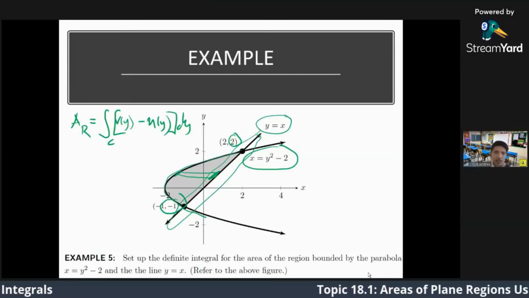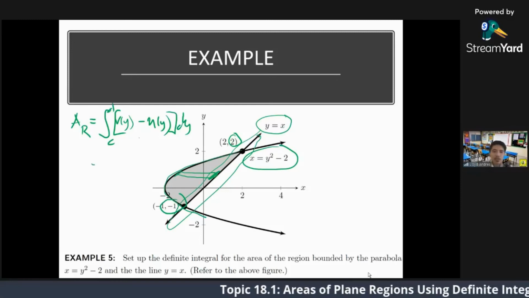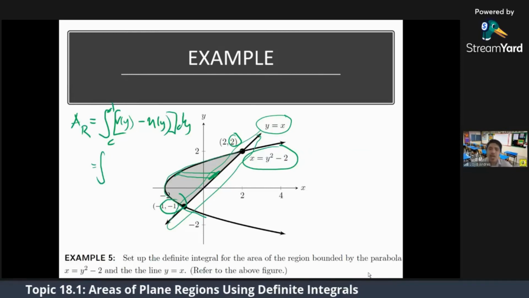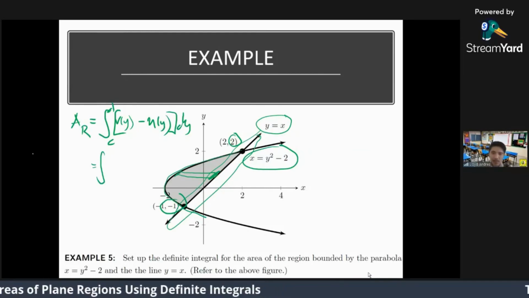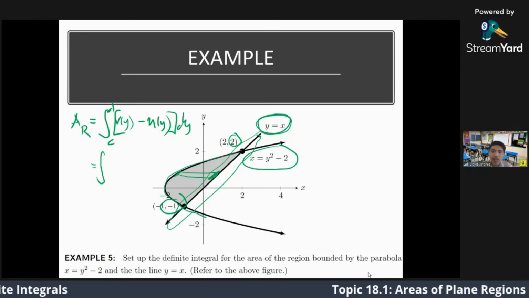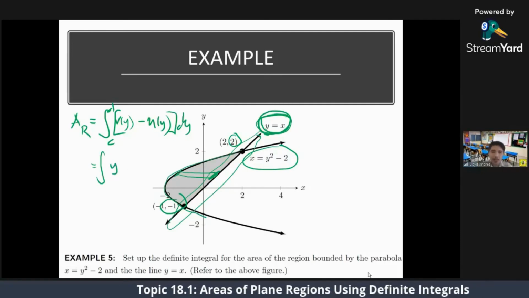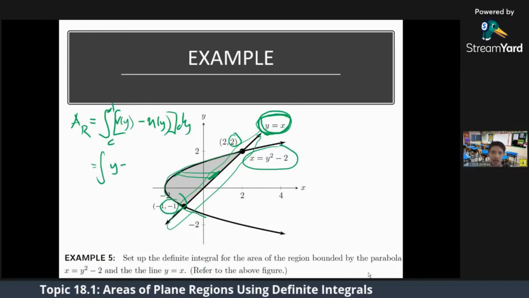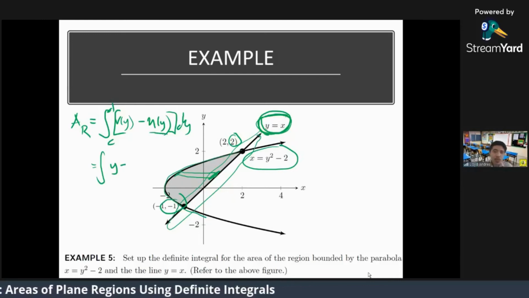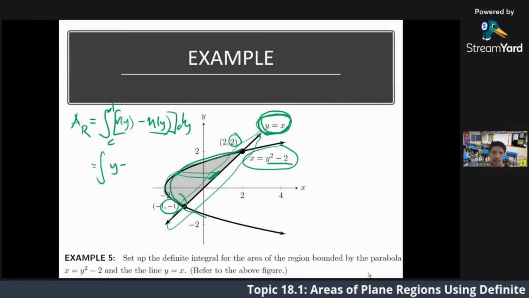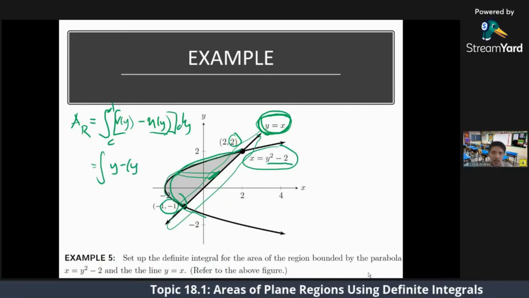What is the function? By substitution, v sub y is our right function, but this time in terms of y, so we write y, not x. Minus u sub y, which is the left function, the parabola. So we write minus y squared minus 2.